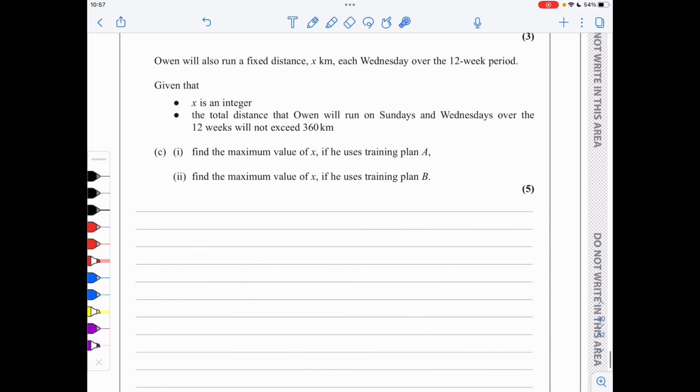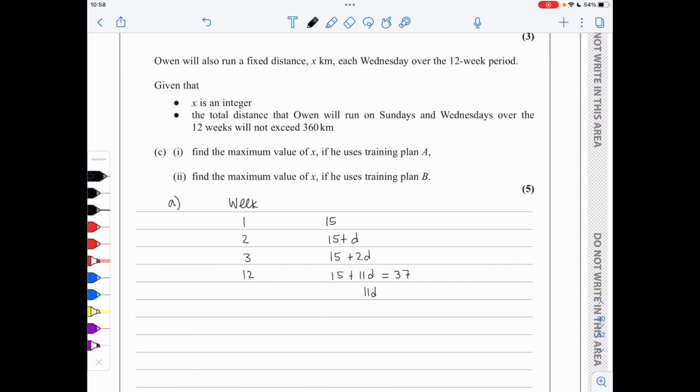So I like to draw up a table here. We know that in week 1, he will be covering 15 kilometers. In week 2, it's gonna be 15 plus a fixed amount D. In week 3, it's gonna be 15 plus 2D, and it's obvious that in week 12, this will be 15 plus 11D, which we have been told to be equal to 37.